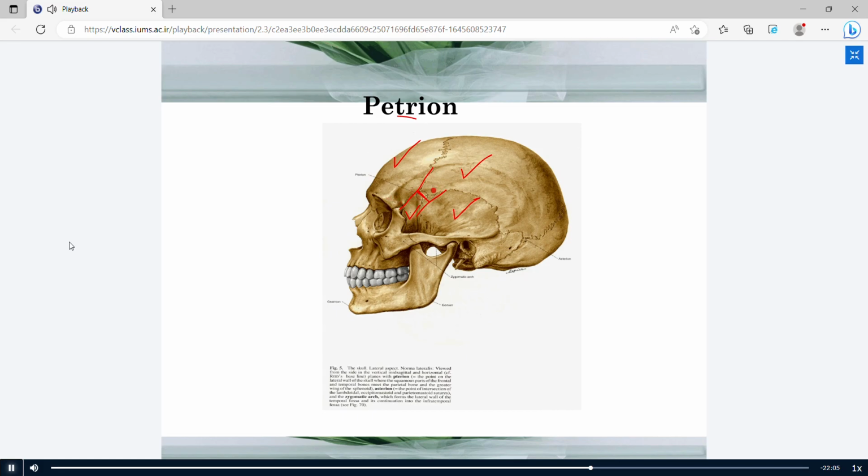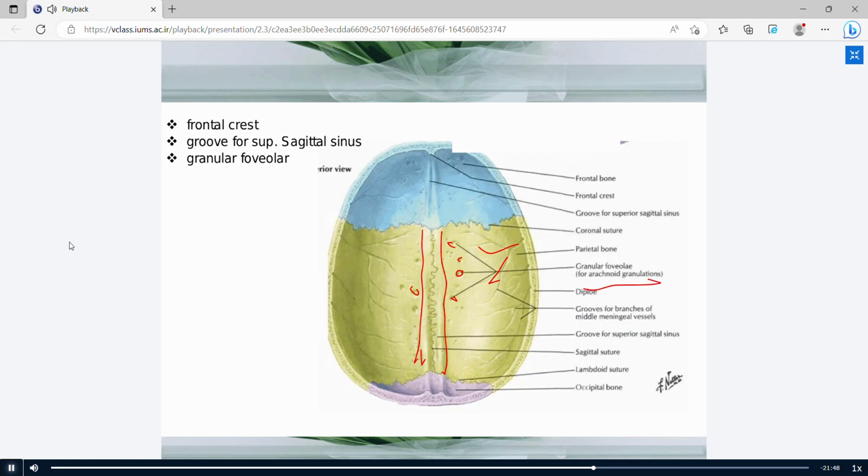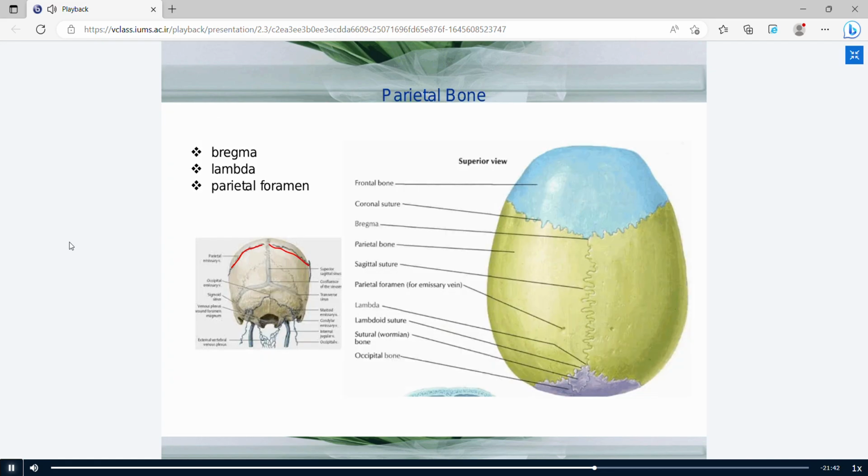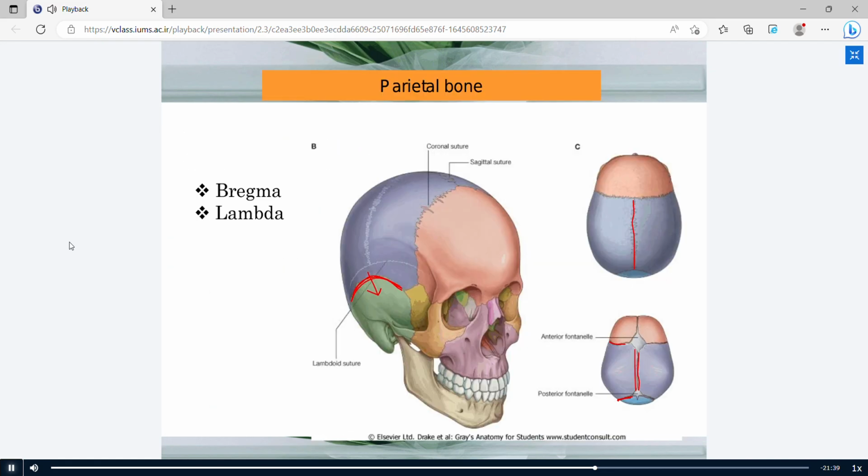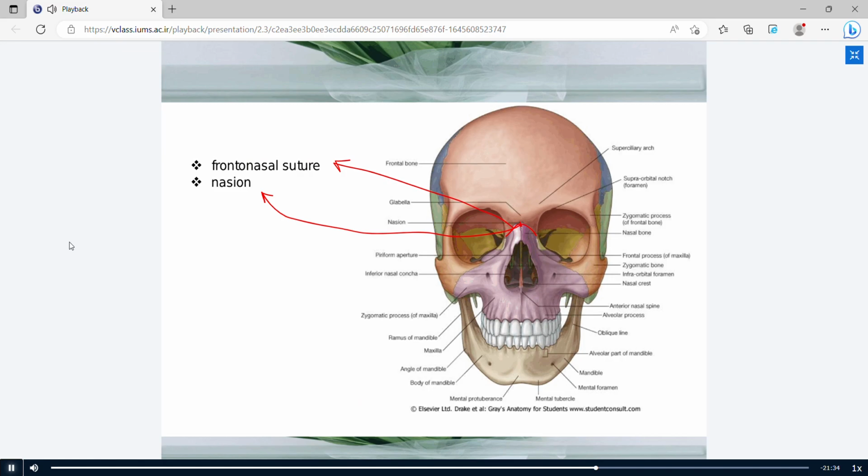It's located on the lateral surface of the skull, at the junction of the frontal bone, parietal bone, temporal bone, and sphenoid bone. It is very, very easy. And another question is about the nasion. The nasion is the midpoint of the frontonasal suture. That's very easy. Okay.